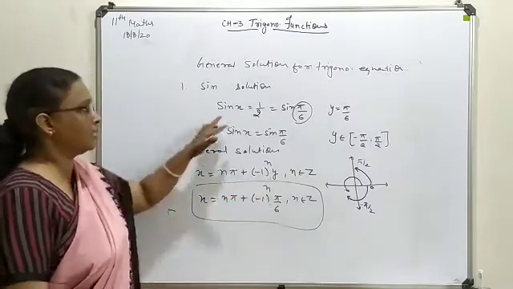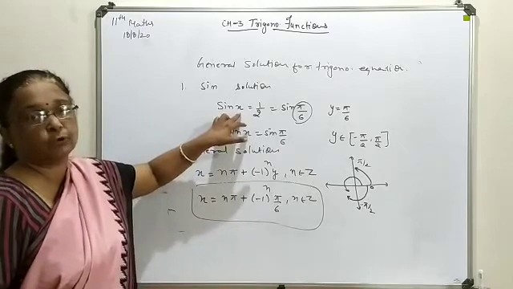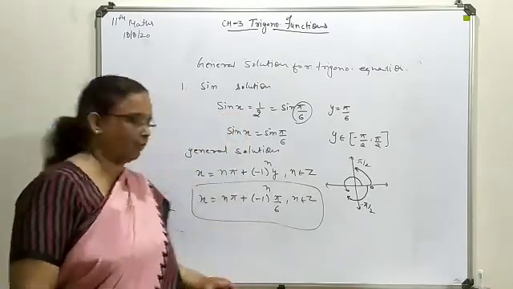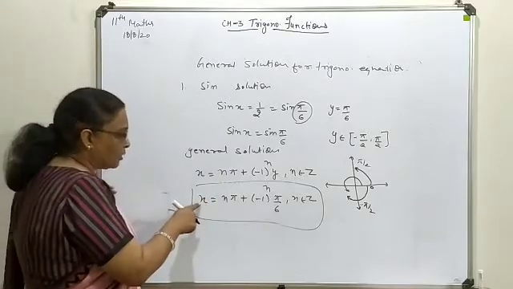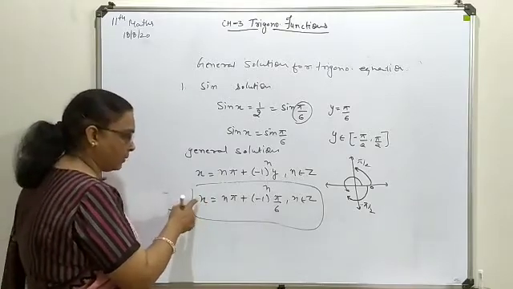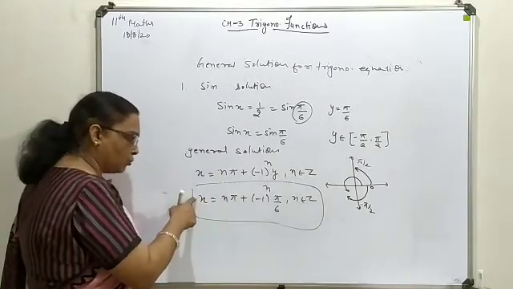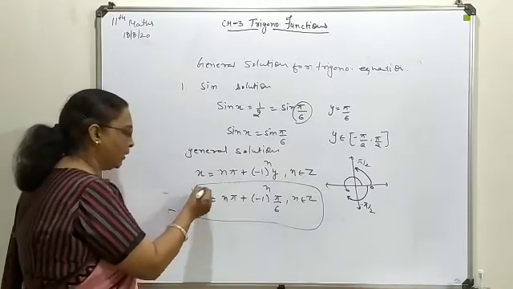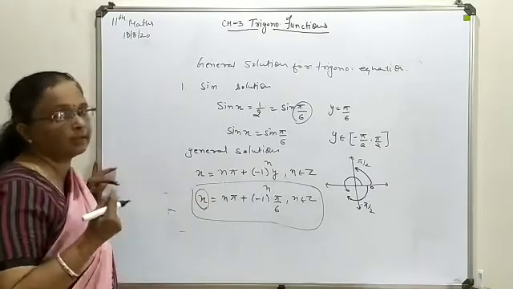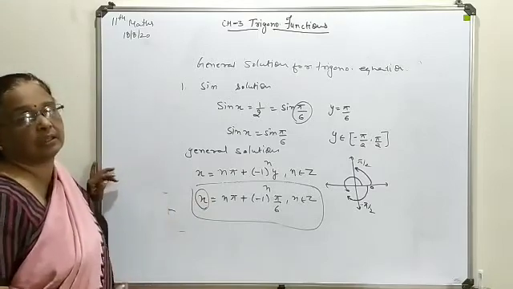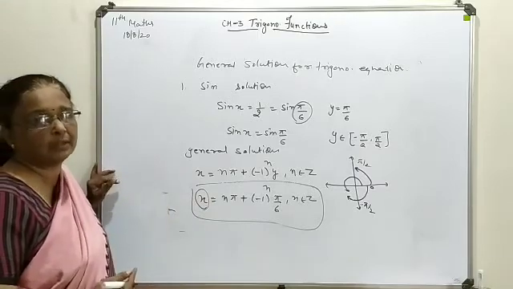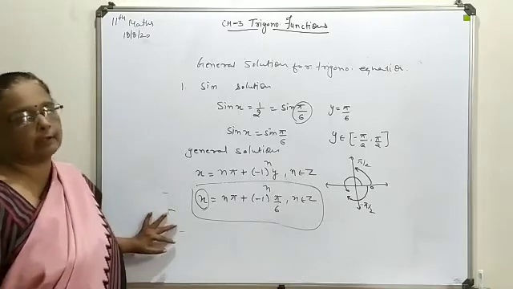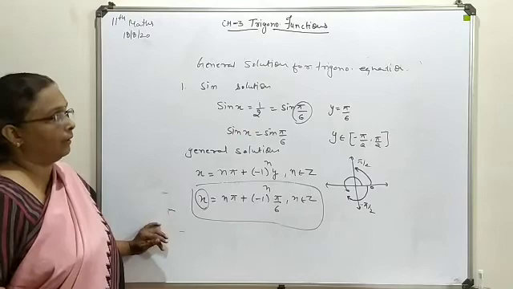In some cases, in place of x you may have 2x, 3x like that, but when you are writing the final answer form, suppose here we have 2x, it is to be separated out, meaning this 2 should be divided on the right hand side to make sure that you are getting only a single term, that is x, theta or phi, whatever is given to you. So this way you will write the general solution for the trigonometrical equation.